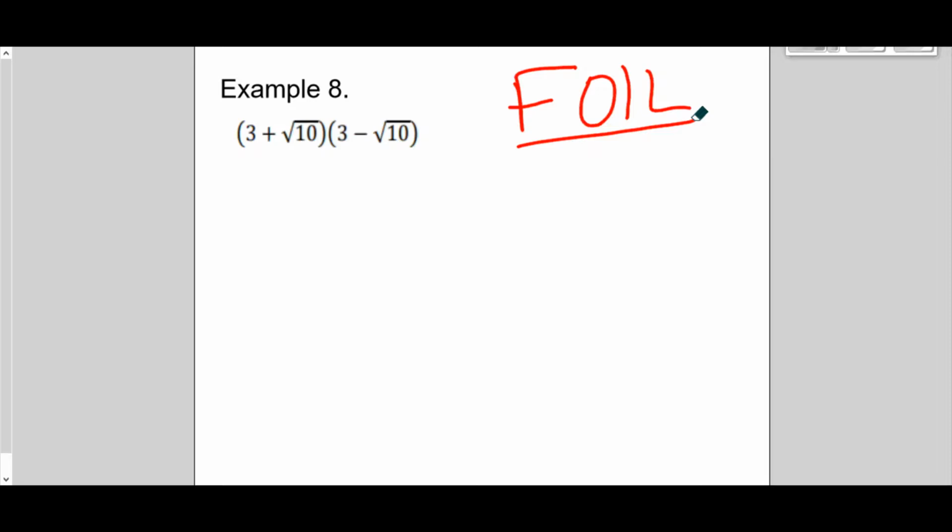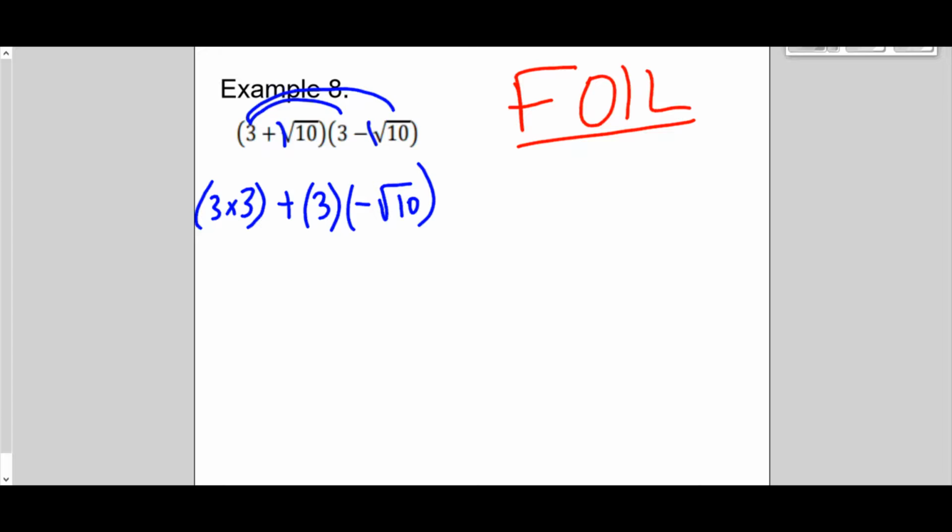So with this first example, if I use FOIL, first the first terms get multiplied. So I'm going to do 3 times 3. Then the outer, so 3 times negative square root of 10. And again, I didn't write the ones, but you could write them there. So this would be plus 3 times negative square root of 10.